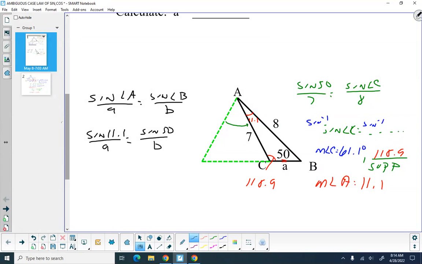We can cross multiply and divide, and we can solve for little a again. Once again, all we're doing is using our law of sines. You're solving proportions here. These are things that you learned back in 5th and 6th grade mathematics that you should be able to do. Cross multiply and divide.